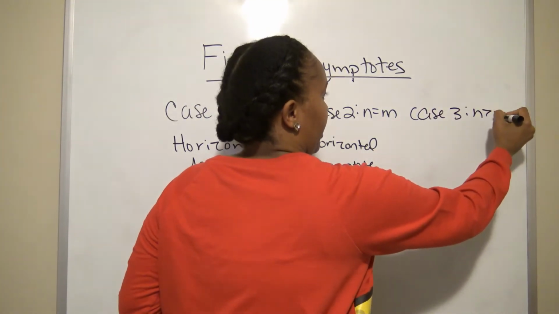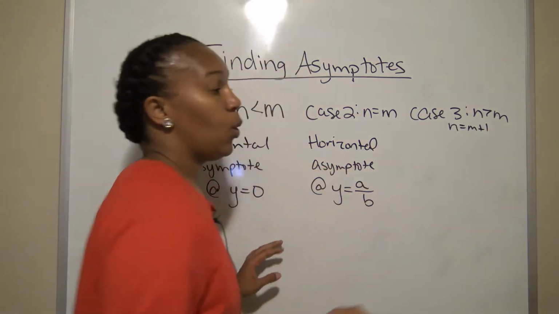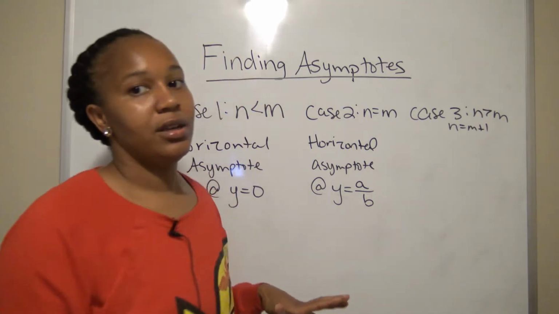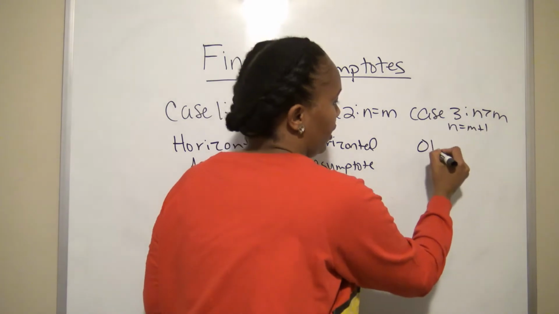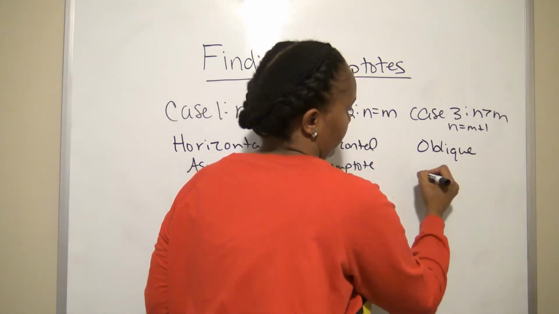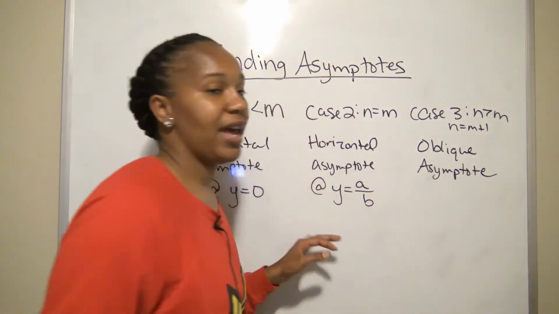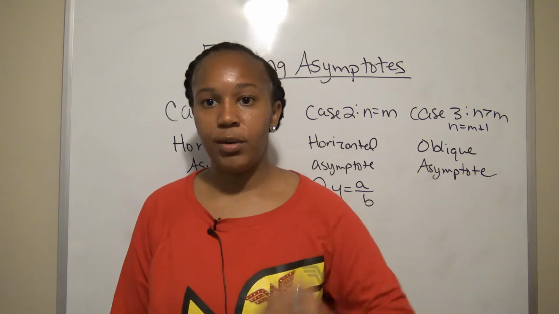Now case three is the case where n is bigger than m, but only by 1, okay? In this particular case, you will end up with what we call an oblique or a slant asymptote. The way you find that is you have to actually divide the numerator by the denominator.